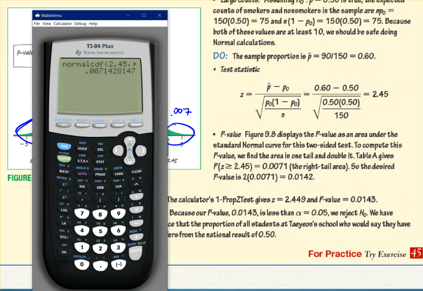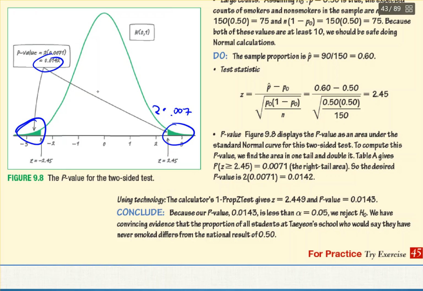One more time on the calculator, if we go to stat tests, 5, which is 1-prop z test, p naught was 0.5 in this case, x was 90 students out of a sample of 150, and we want to know that it's not equal, and so we calculate. Notice there we get our p value of 0.0143, again less than 0.05, so we reject the null hypothesis.